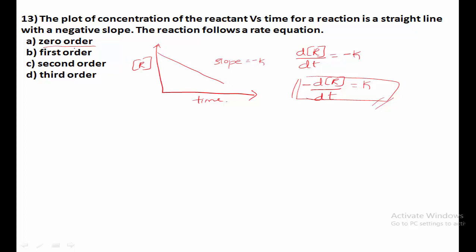The option A, that is zero order, means the plot of concentration of the reactant versus time is a straight line with a negative slope for the reaction which is zero order. So option A is the right one.